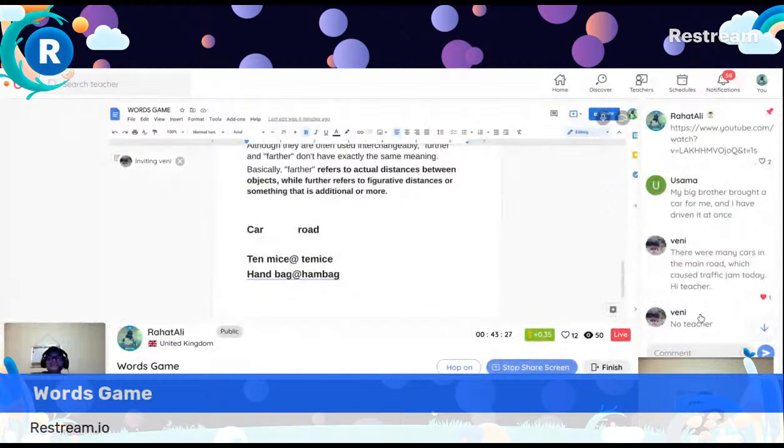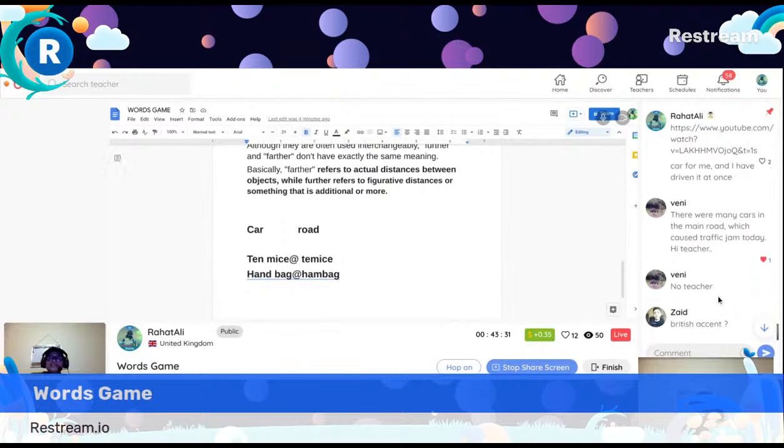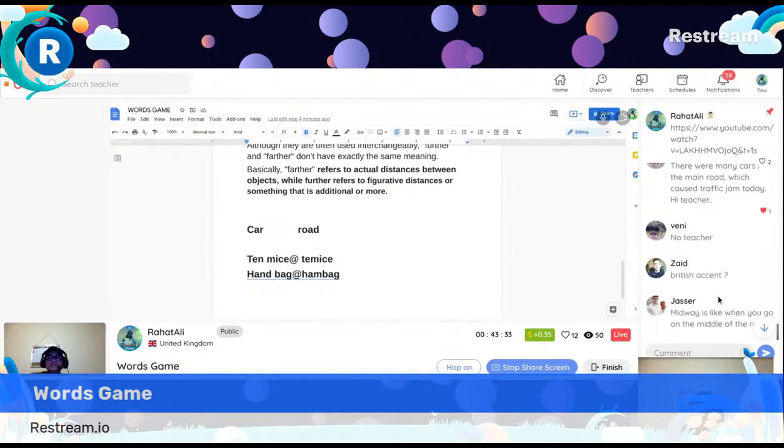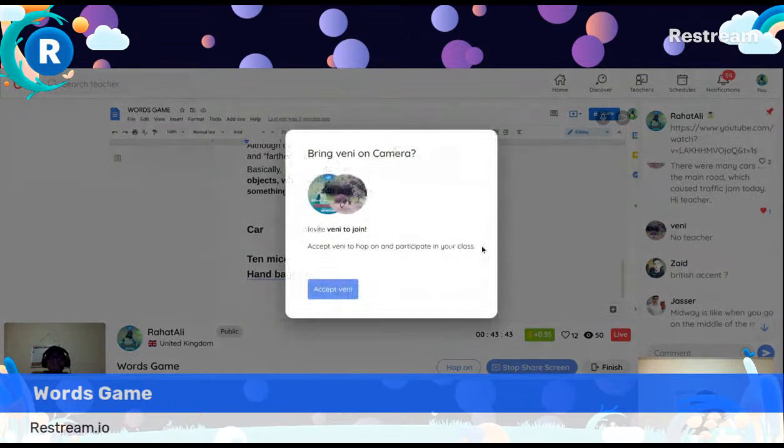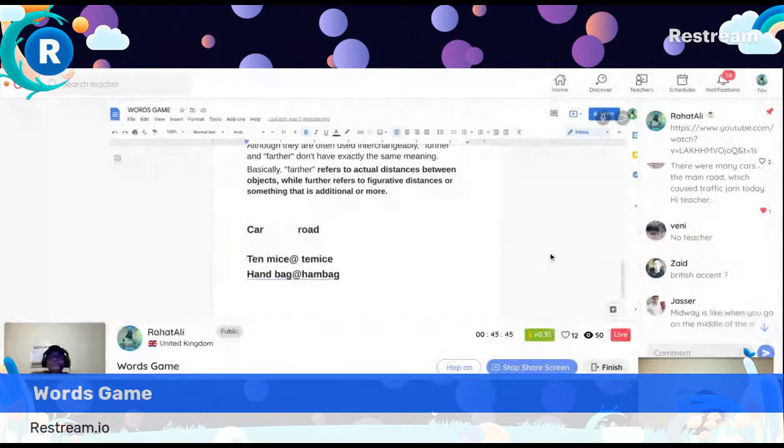There are many cars on the main road, which caused a traffic jam today. No, teacher, I see. Why not? Every time you say that you can't join, I think you must be always busy, busier than before. Anyway, that's okay. Don't worry if you don't want to join.